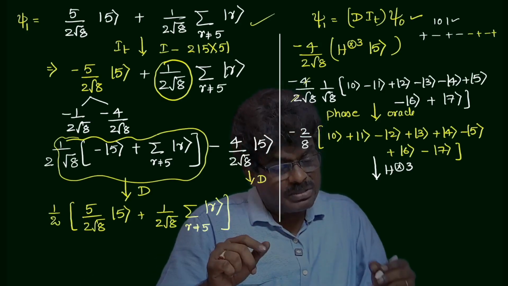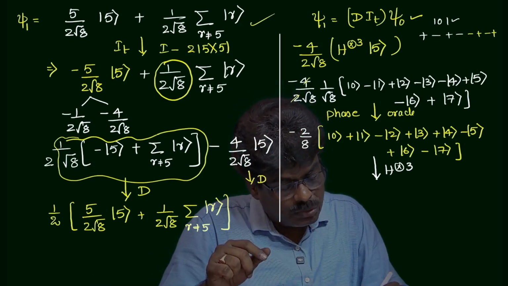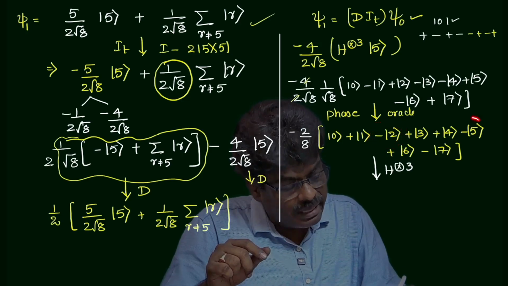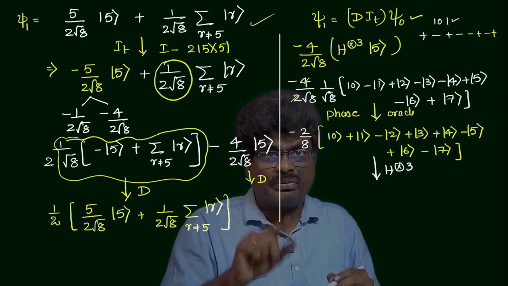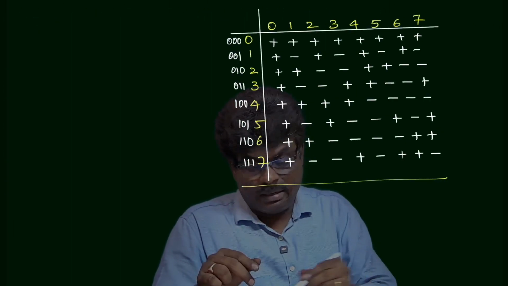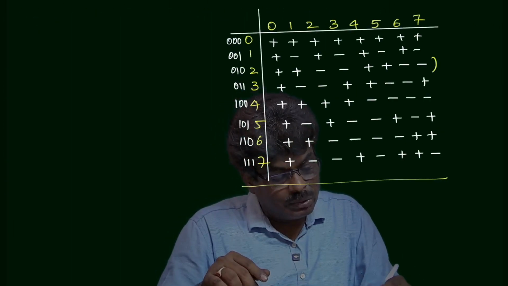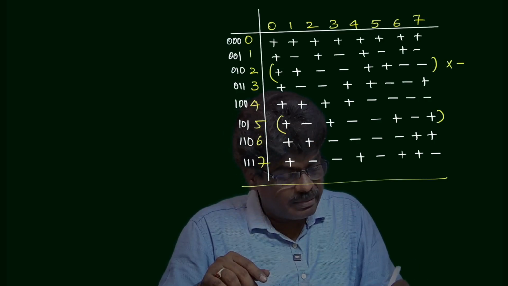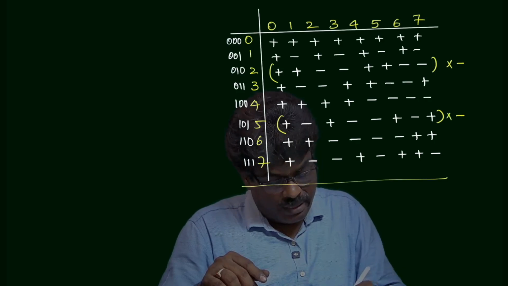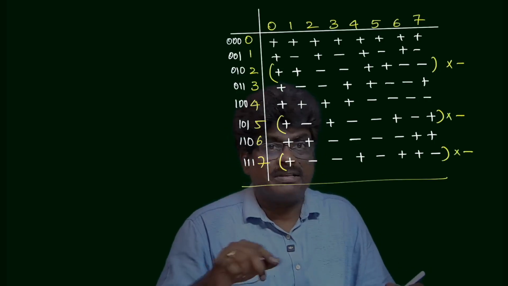Right, now please check, here we have a 2 state minus and a 5 minus and a 7 minus, 2, 5, 7. So here I have to multiply 2 with minus and a 5 with minus and a 7 with extra minus.